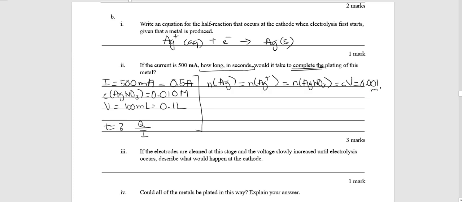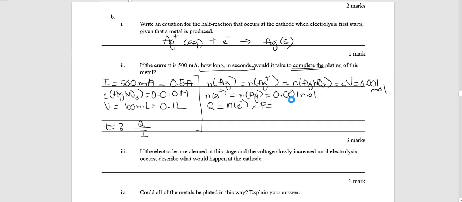0.001 mole. The number of mole of electrons in this particular case is the same as the number of mole of silver, which is also 0.001 mole. And then I can find the charge, which is n of electrons times Faraday's constant.